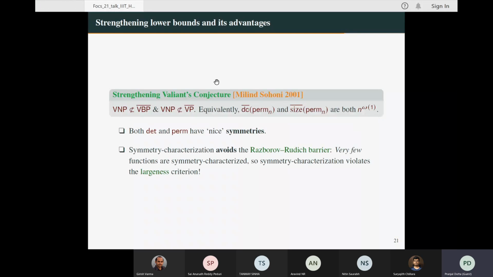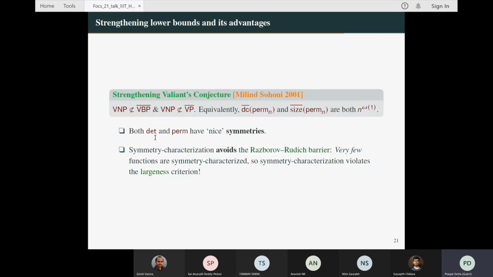Another most important point, which is why GCT was founded and so on, is that the determinant and permanent, both polynomials, have nice symmetries, and by symmetry I really mean representation theoretic symmetries. I will not get into that, but they can be uniquely determined, up to a constant, by these symmetries.